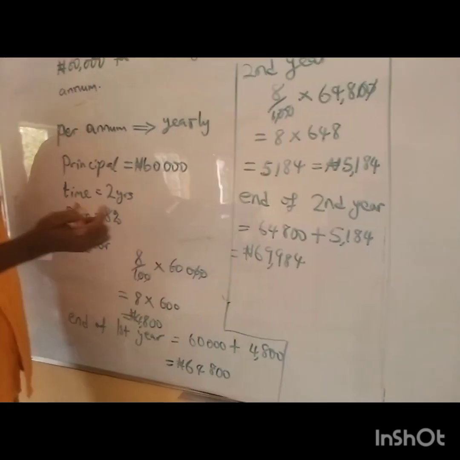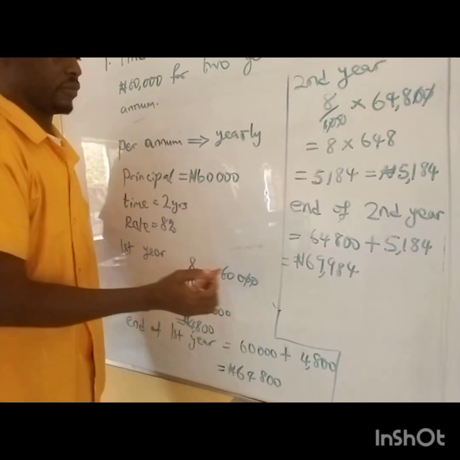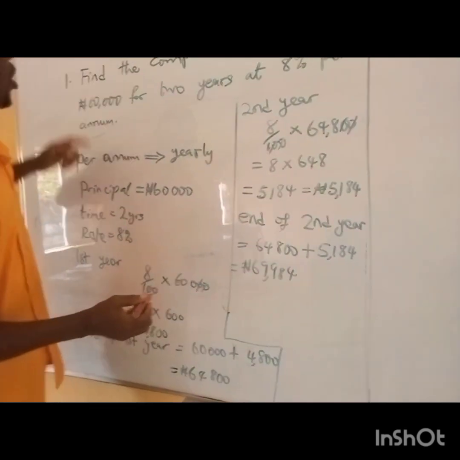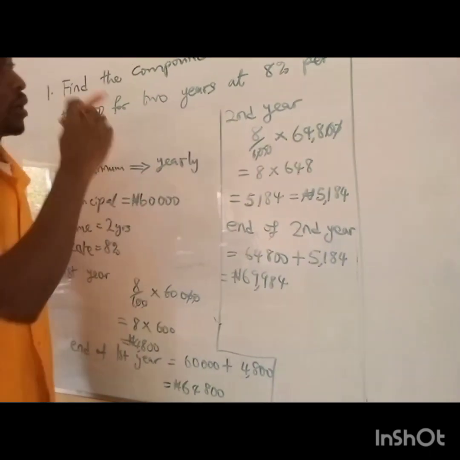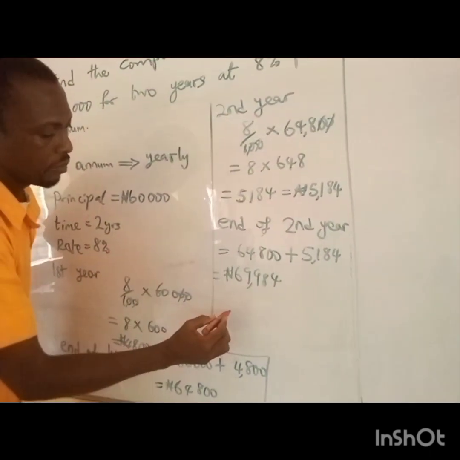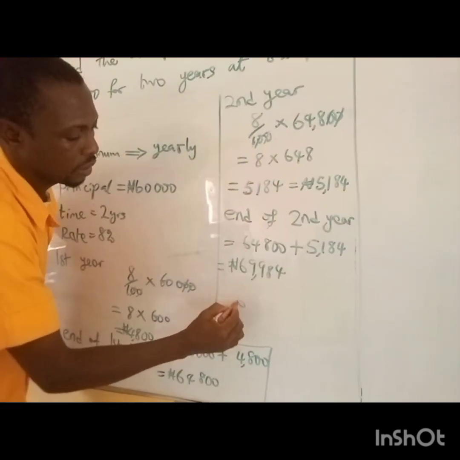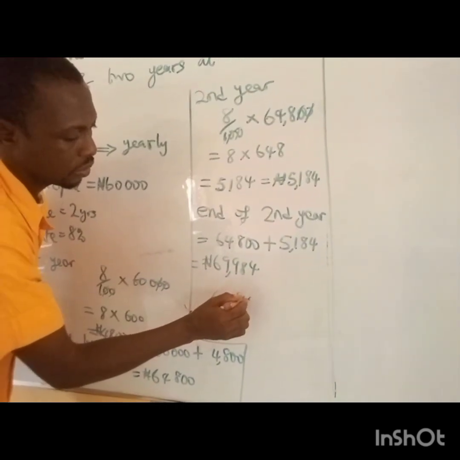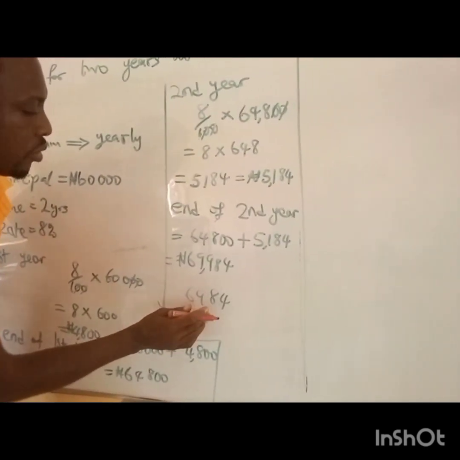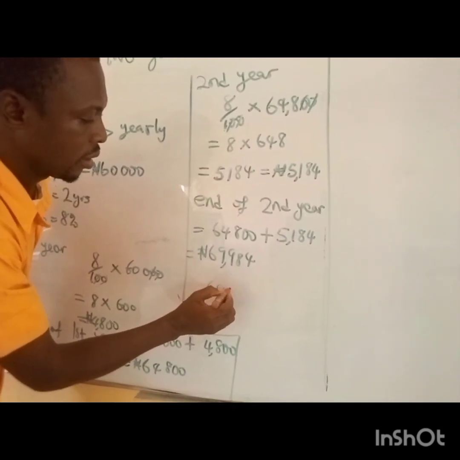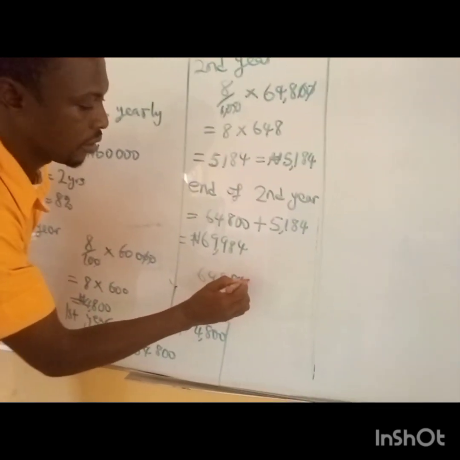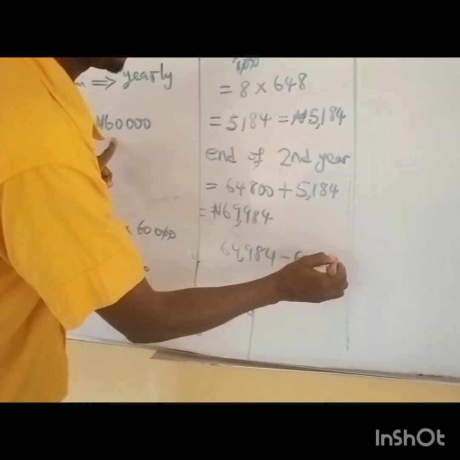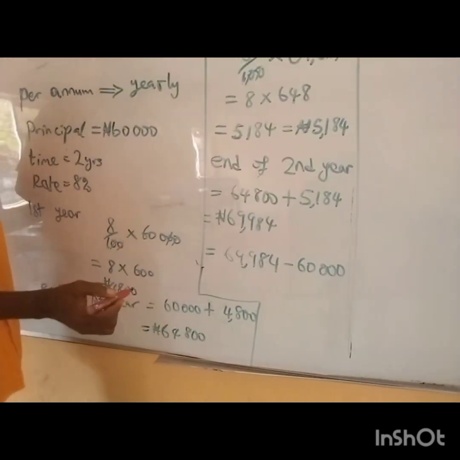So at the end of the second year, we have 69,984. So the compound interest that has accrued for 2 years is 69,984 minus 60,000, which was the principal at the beginning.